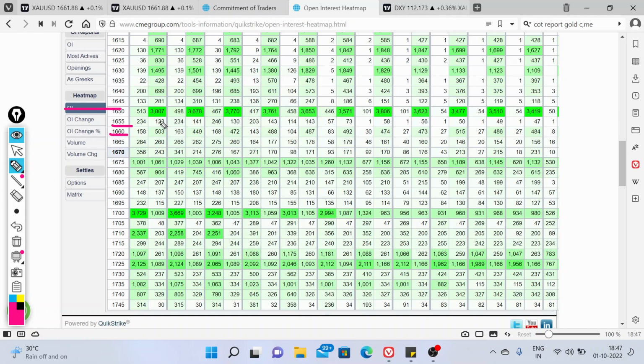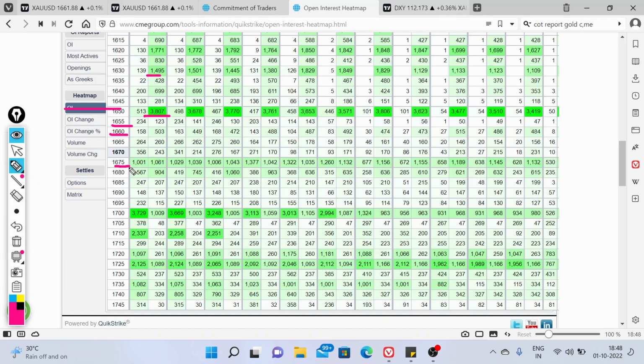Below that, you can see here that 1650 is an important price level, because we have a good number of put writing over this place, and this might act as support. And below that, 1630 is an important price level.